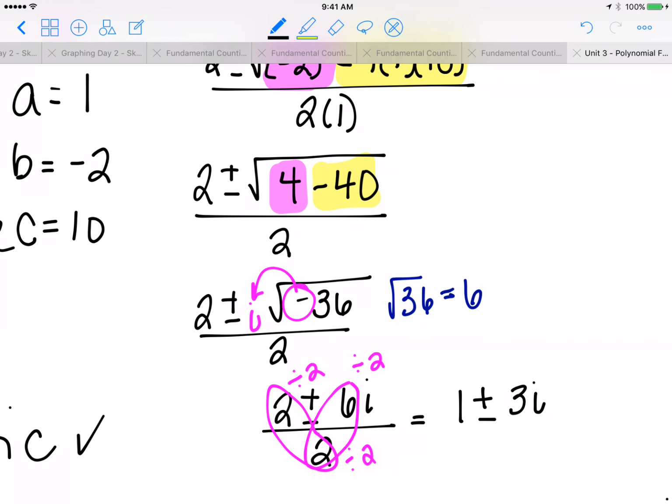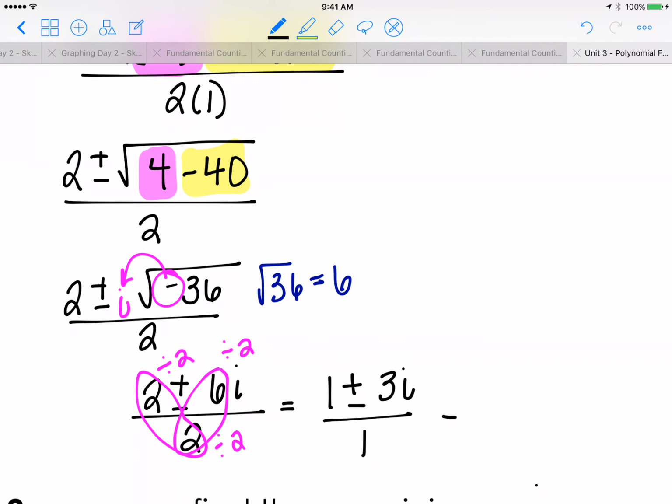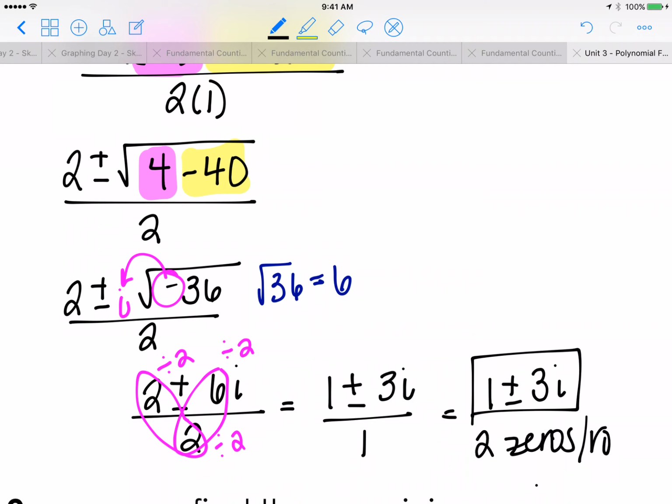Well, you don't have to put over 1. It can just be written as 1 plus or minus 3i. So those are 2 zeros right there, slash roots. They're the same thing, 2 roots.